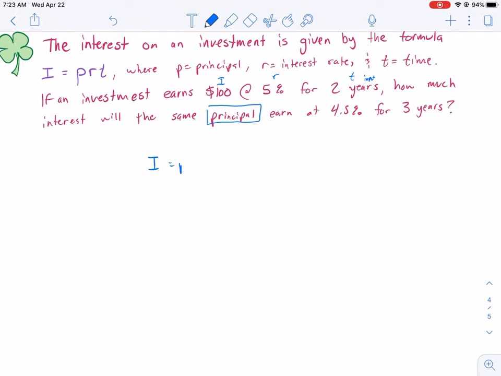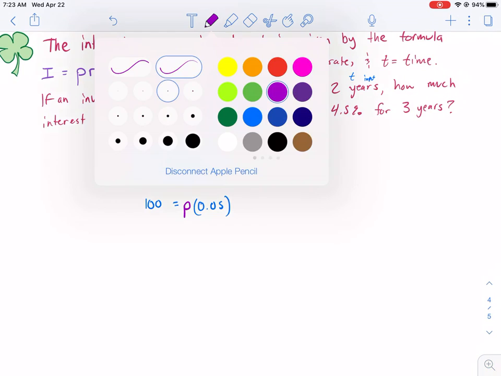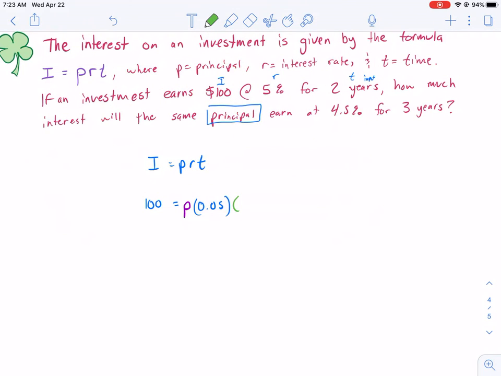I equals PRT. We need to solve for how much money was put in initially. So $100 was our interest, 0.05 was our rate. We are looking for P. We don't know what our initial amount was, but we do know that it was put in for 2 years.